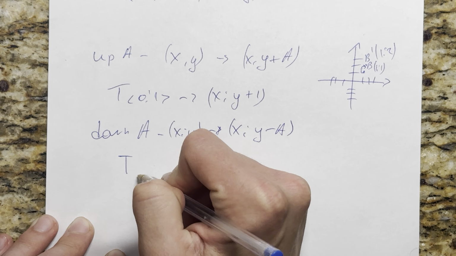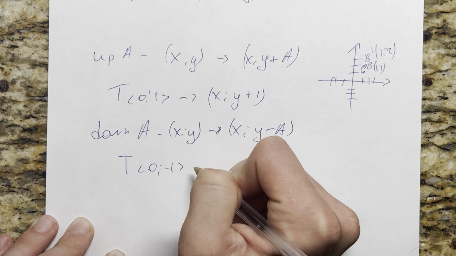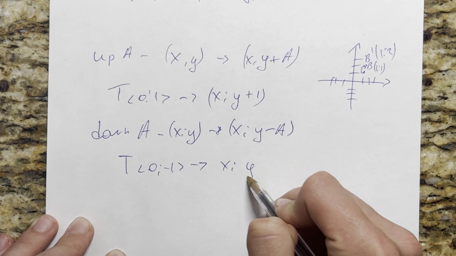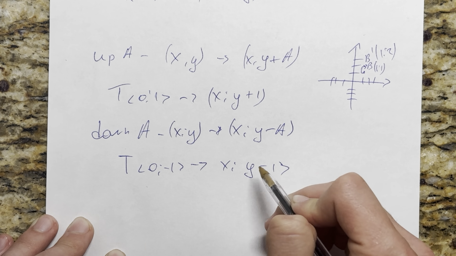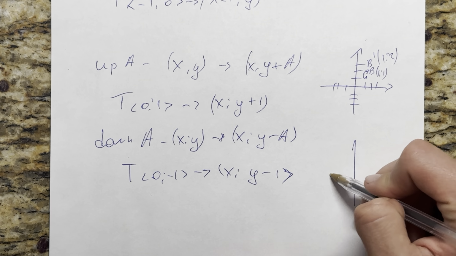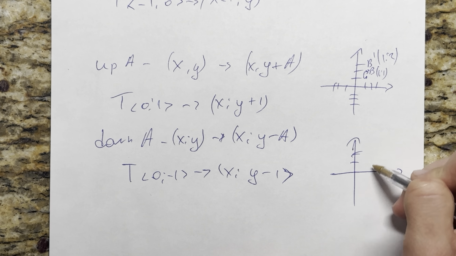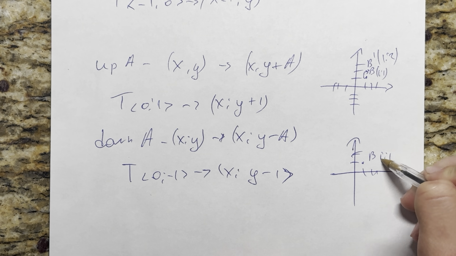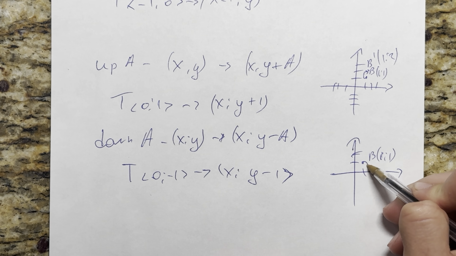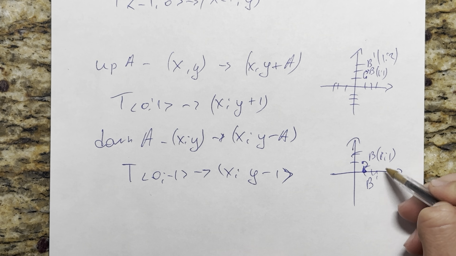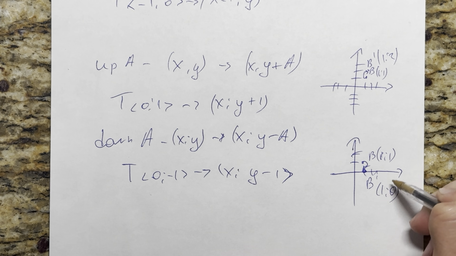So this will be our notation, like that. And on the coordinate plane it will be like this. From our point B, 1, 1, it'll move down by 1, so our point will be right here. This is B prime, and the coordinates will be 1, 0.